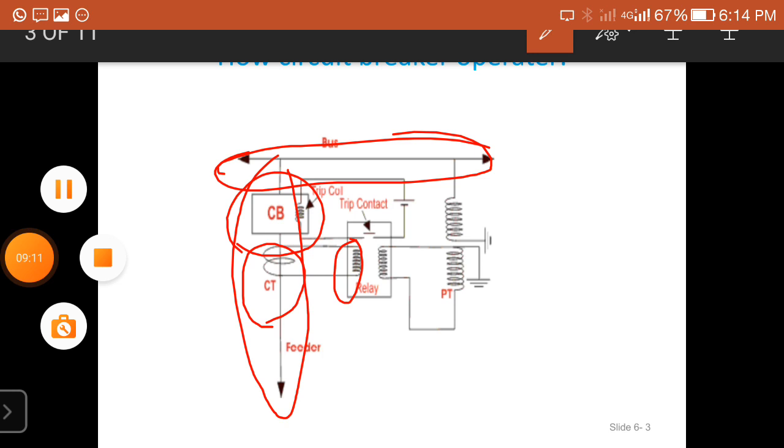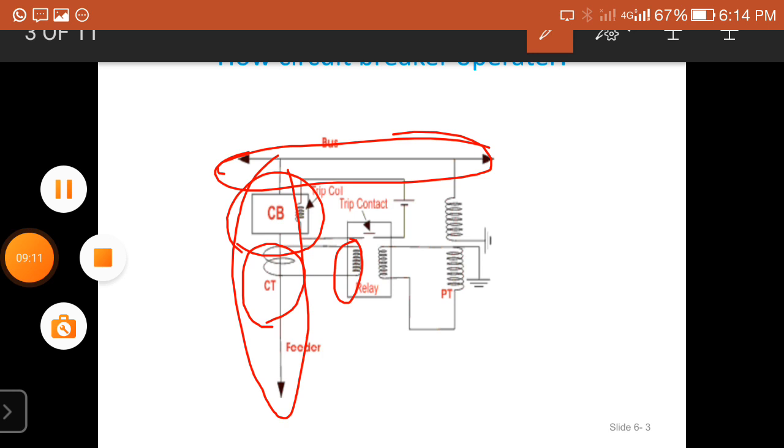This is the operation of a circuit breaker. When overcurrents are obtained, automatically the circuit breaker is closed. This is the normal operation of a circuit breaker.